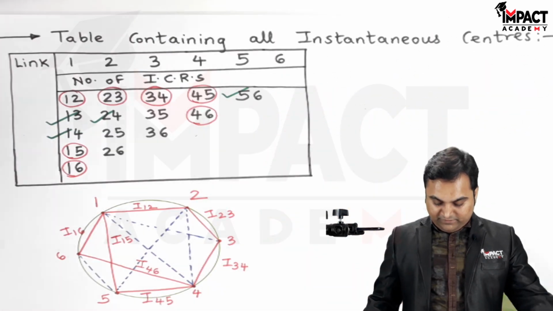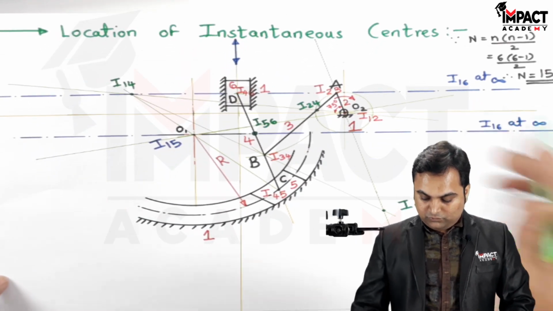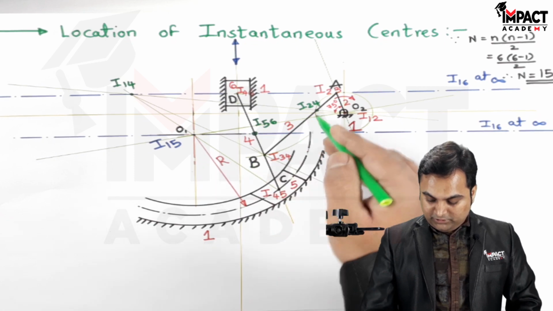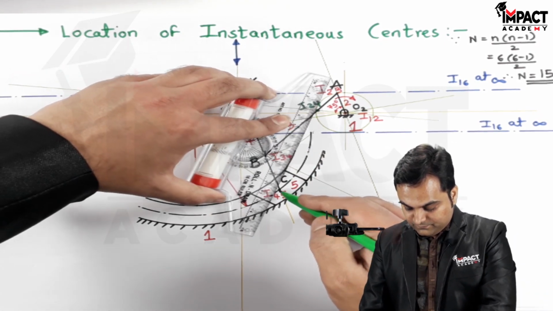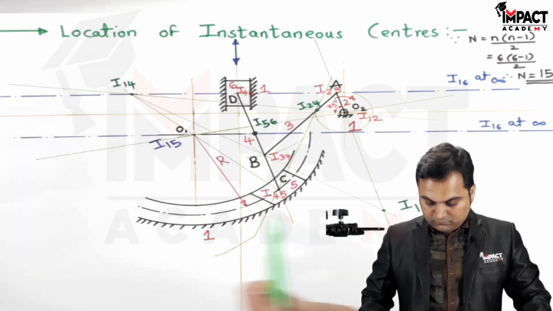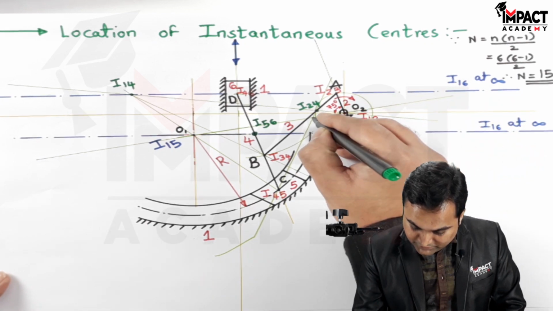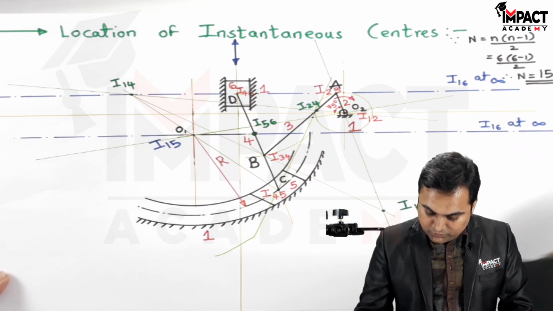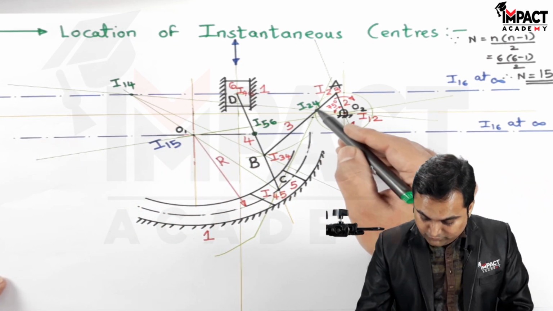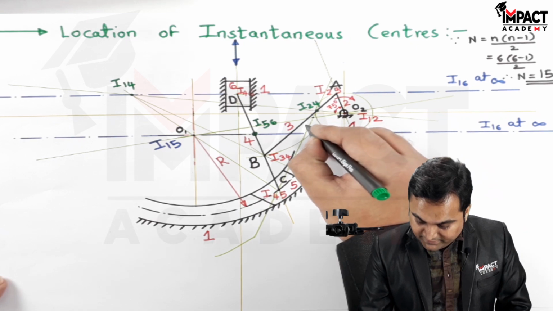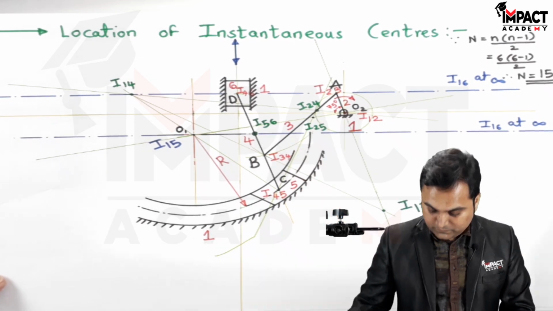Then the other set of lines will be from 2 4 and 4 5. 2 4 is over here on this connecting rod, and then this is 4 5, joining them. So this intersection point, which is the intersection of lines passing through 1 5, 1 2 and 2 4, 4 5, gives me I25 over here.